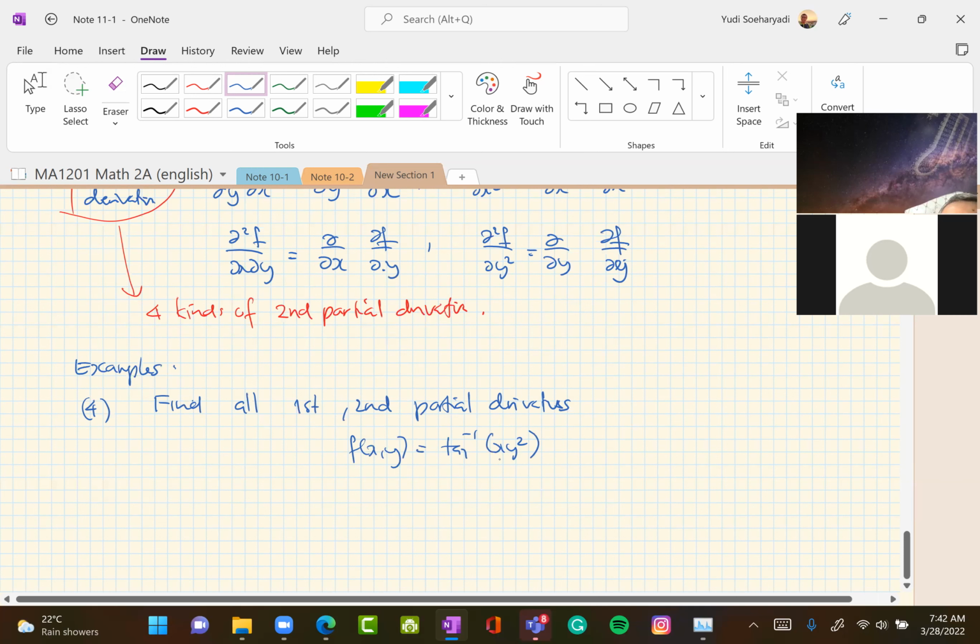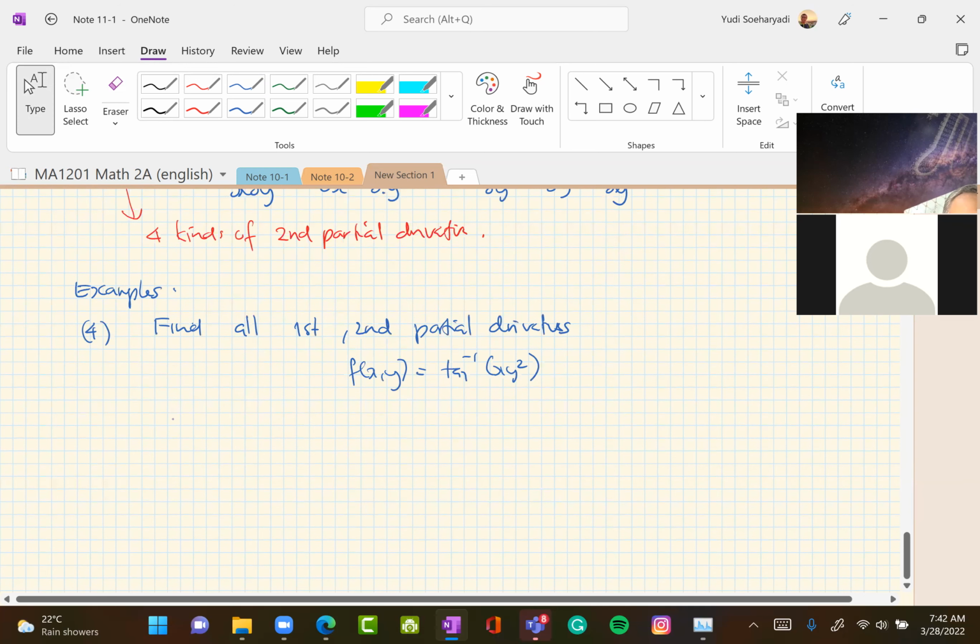First, the derivative with respect to x. Think of y as constant, so y squared is constant. So the tan inverse derivative is just 1 over 1 plus the square there. And because of the chain rule, we have to multiply by what's inside.